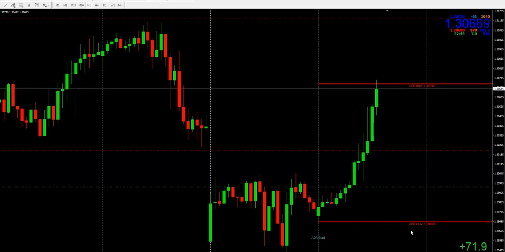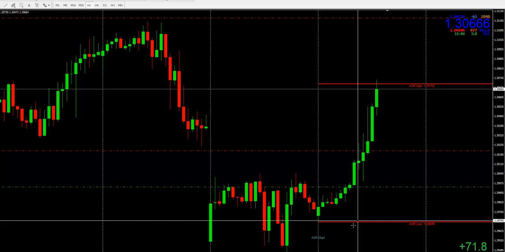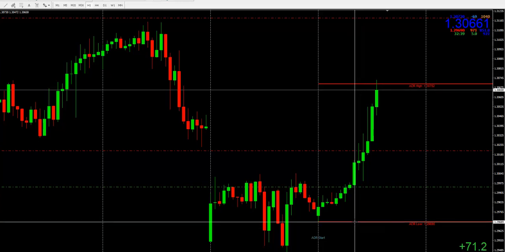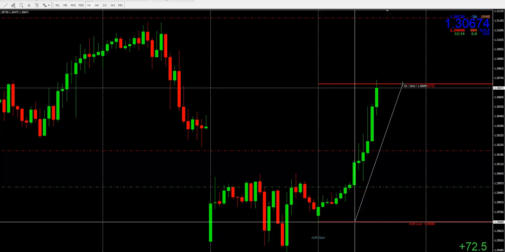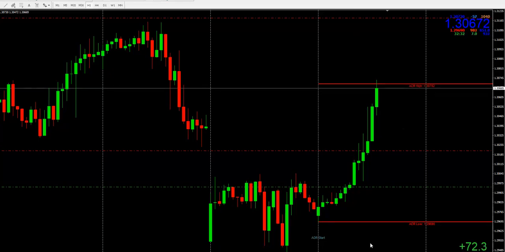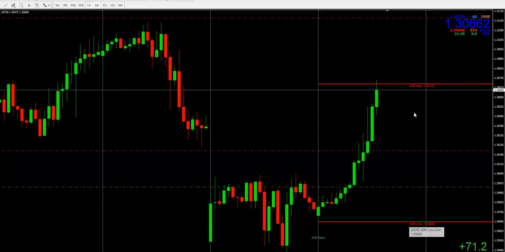It's an average, so sometimes it could be more. In this case, what they've chosen as the average daily high is, let's just measure it, about 100 pips. So they are saying on average, the pound CHF trades over 100 pips.